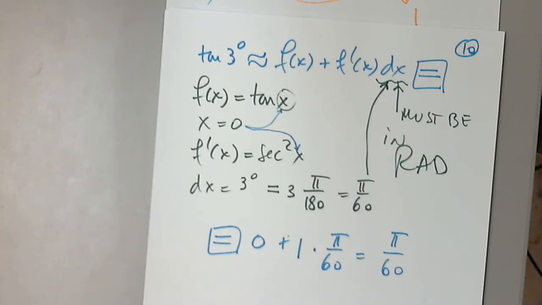So dx is from x, and because we are doing this by hand, we have to use the closest number we know. Gotcha. So if I have a sine of 89 degrees, of course it's 90 minus 1.